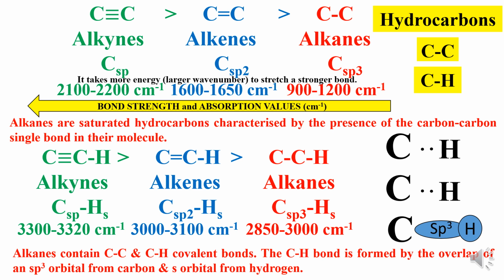This is because the CH bond in the case of alkynes is stronger than the CH bonds in the case of alkenes. So the weakest CH bond, you find it in the case of alkenes. So why the variation in the strengths between the carbon-carbon bonds and the CH bonds? Let's find out.